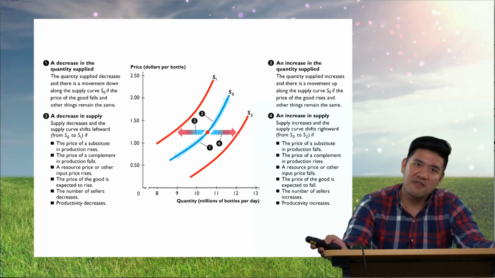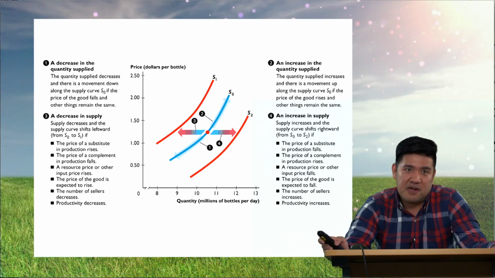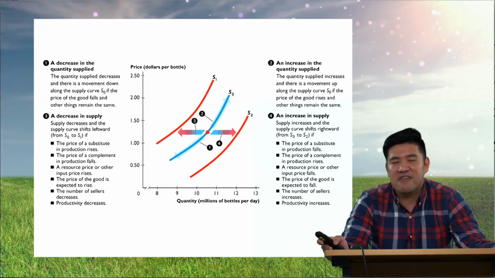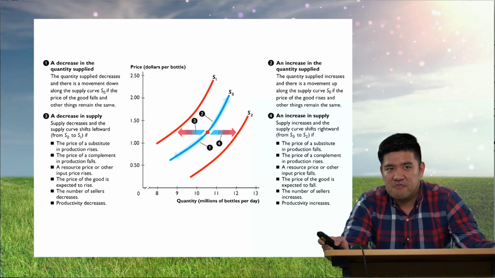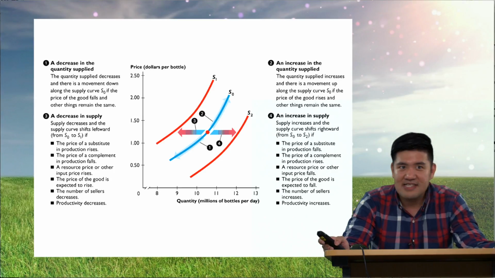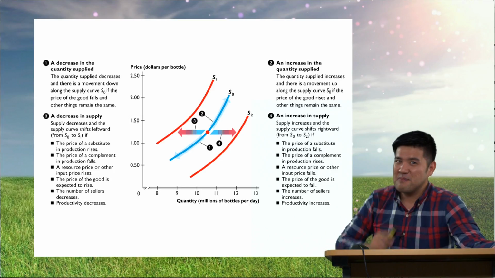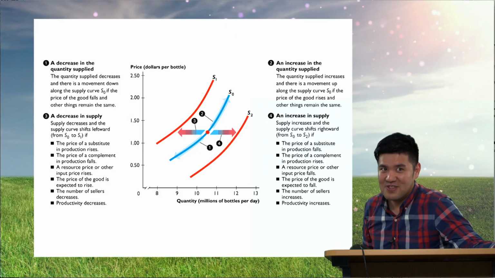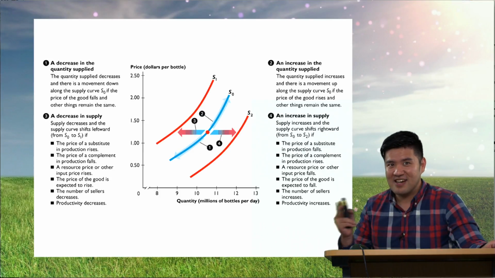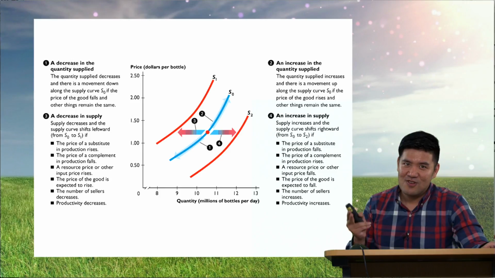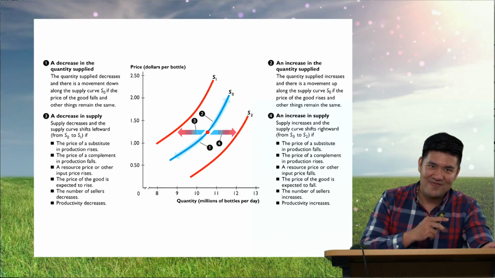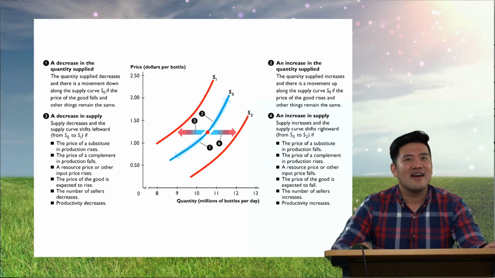Could be the cost of production, could be the productivity of the factories. It could be the number of sellers that exist in the market. Remember my tips. Good news, shift to the right. Bad news, shift to the left. I'll see you in the next part.